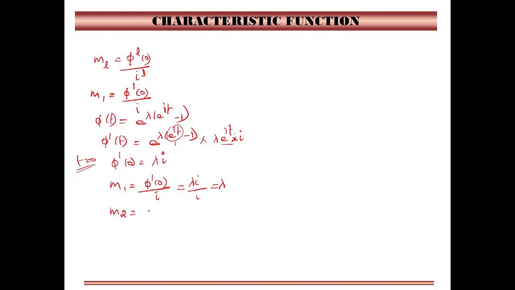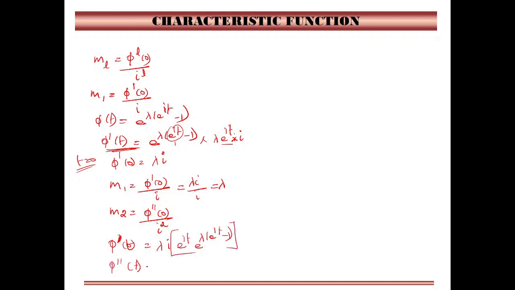And m2 is equal to pi double dash of 0 by I square. We need to find pi double dash of 0. First, to find pi double dash of t, we differentiate this function again. So here lambda I into, first I write the function pi of t, e power it into e power lambda into e power it minus 1. This is our pi dash of t.